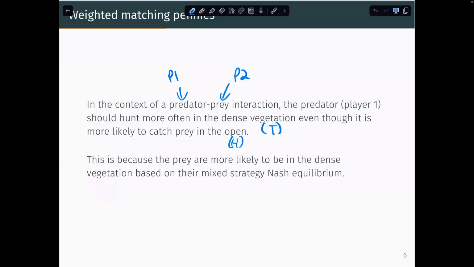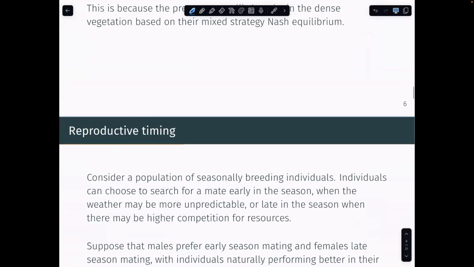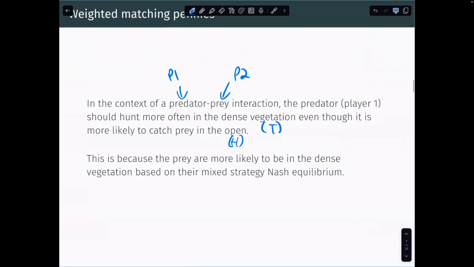But we'll just stick with this example for now. This would say that, okay, the predators should hunt more often in the dense vegetation, even though it's more likely to catch prey in the open. Likewise, the prey, even though they may be able to have better grazing grounds in the open, they're better off being in the dense vegetation. Any questions about the weighted matching pennies before we move on?